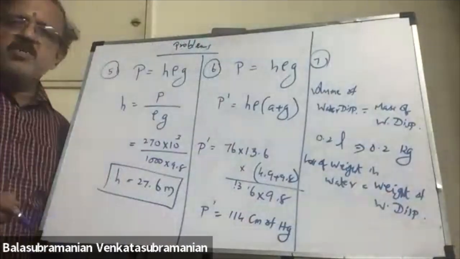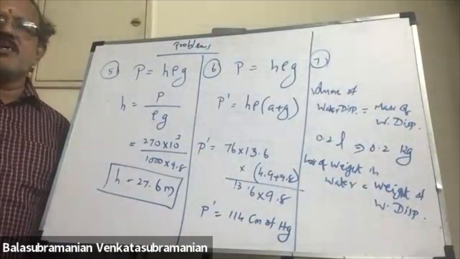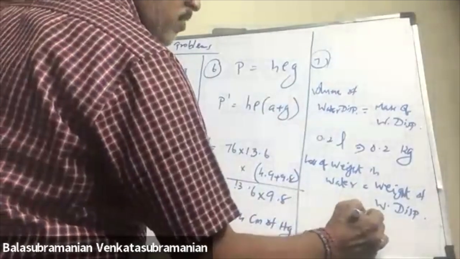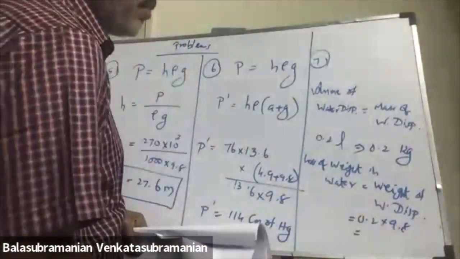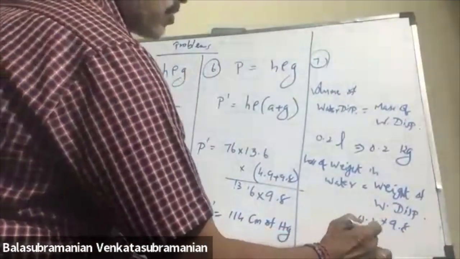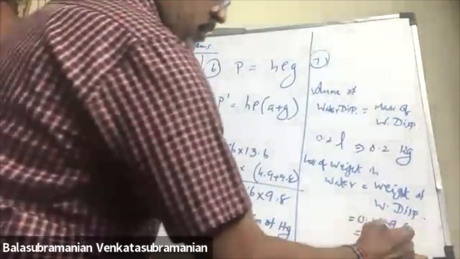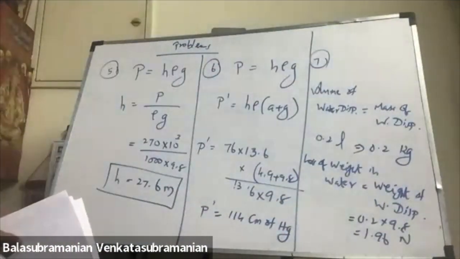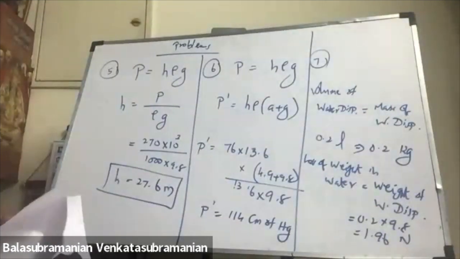Loss of weight inside the water is equal to weight of the water which is displaced. 0.2 mass into 9.8, that is 1.96 Newton. So 1.96 Newton is the weight of the water displaced.